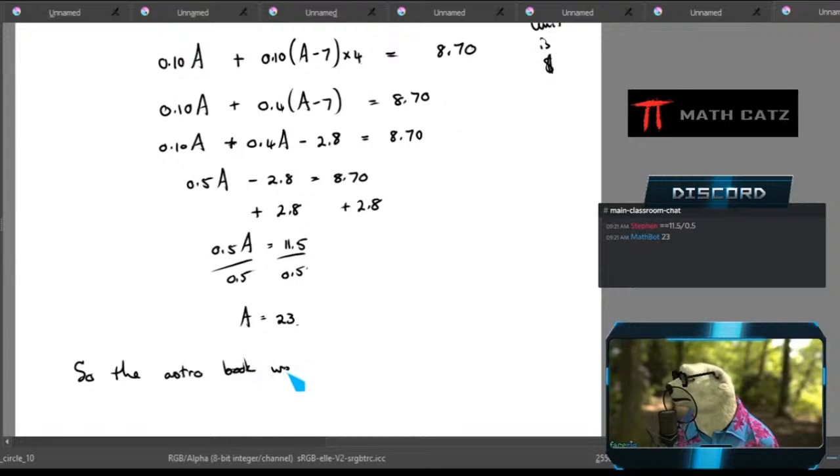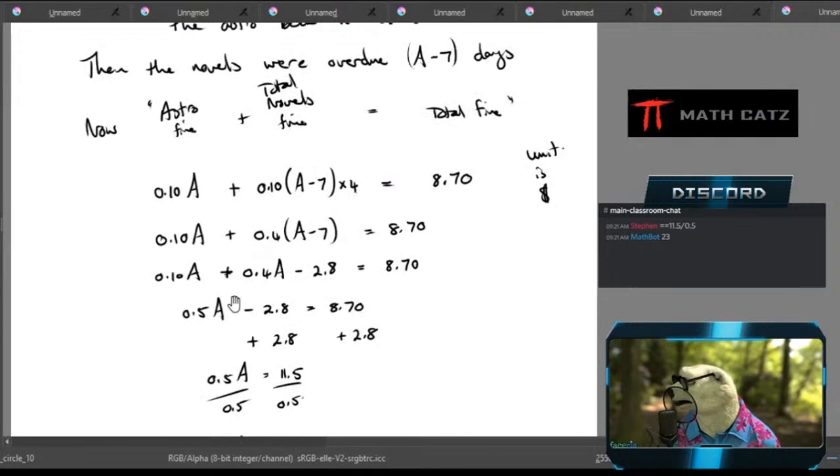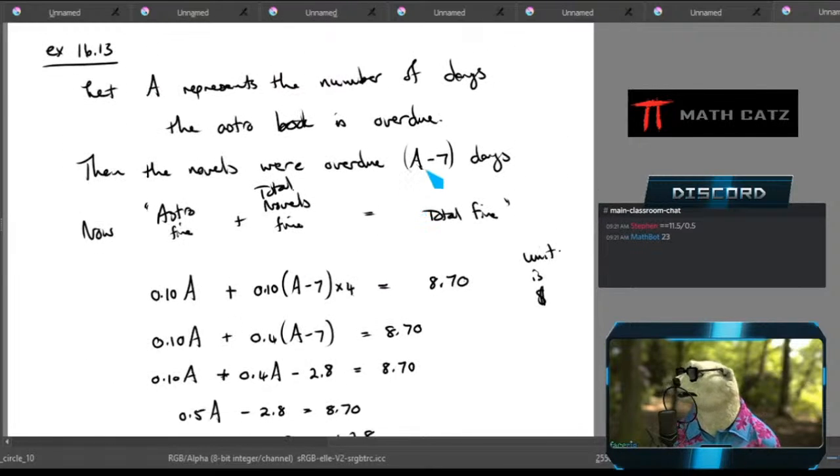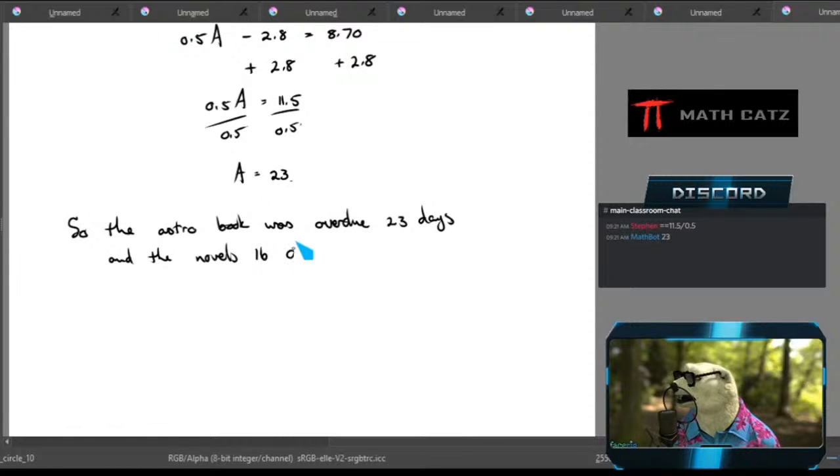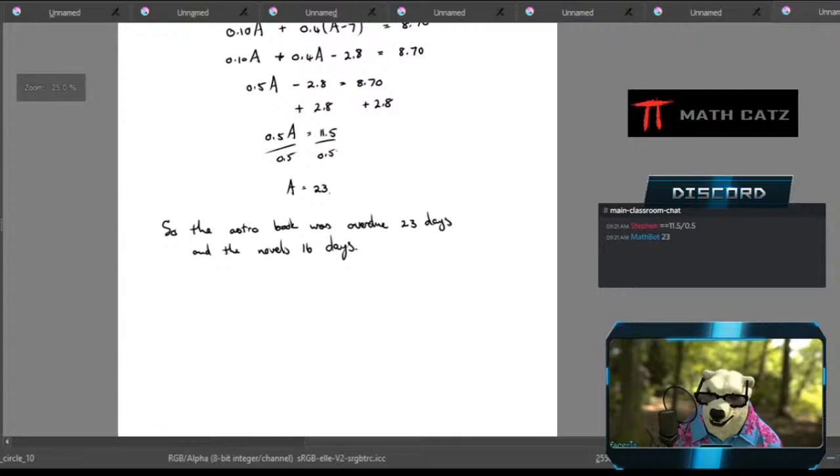The astronomy book was overdue 23 days, and the novels 7 days less, 16 days. Let me zoom out a touch.